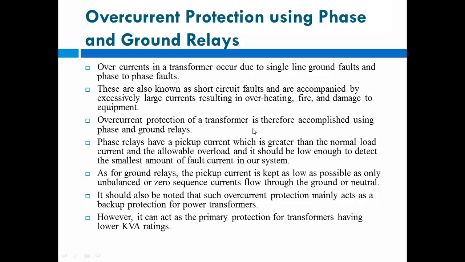Okay, so here this is the overcurrent protection using phase and ground relays. So these relays are used here. Actually, one transformer we are connecting. So here same diagram is there. That is, there are two CTs at the two lines. Okay, here is your transformer, and these two CTs are connected here.